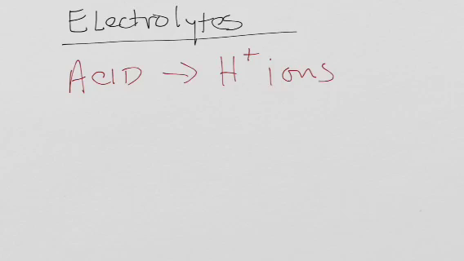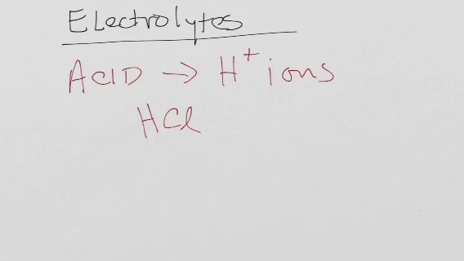Case in point, the most common acid that we talk about is hydrochloric acid, HCl. That is an actual molecule. It's the combination of a hydrogen and a chlorine. The chlorine takes the electron from the hydrogen and fills out its outermost shell.